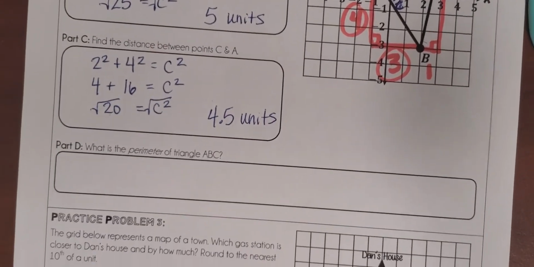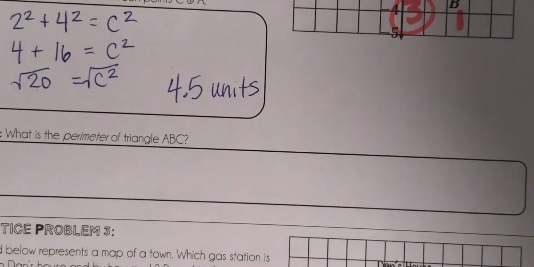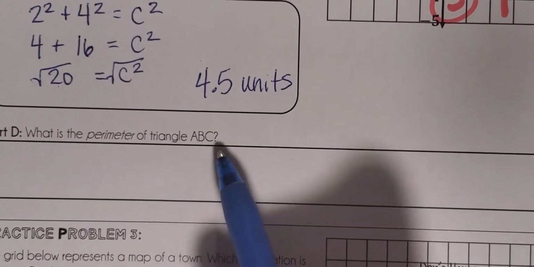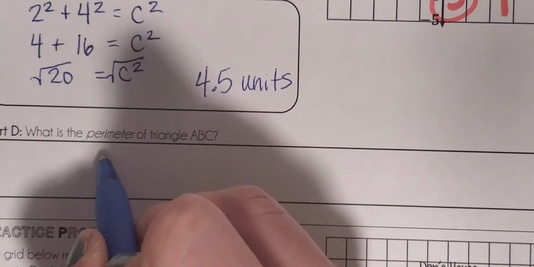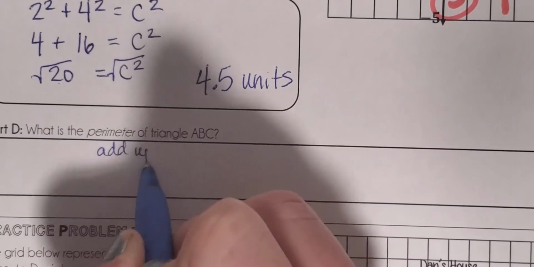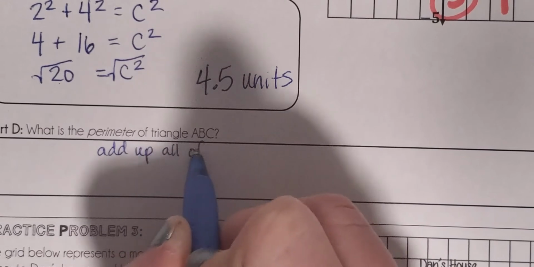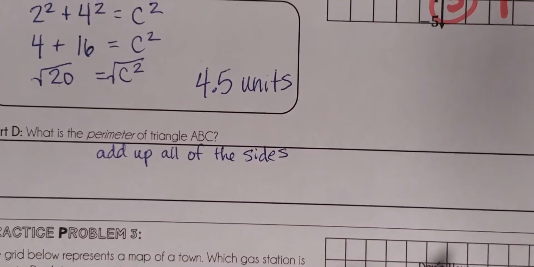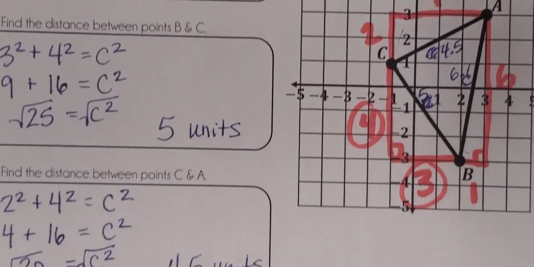And then my last question dealing with this shape is, what is the perimeter of the triangle ABC? So perimeter means that we're going to add up all of the sides. Well, I've already done all the work. All of these numbers.